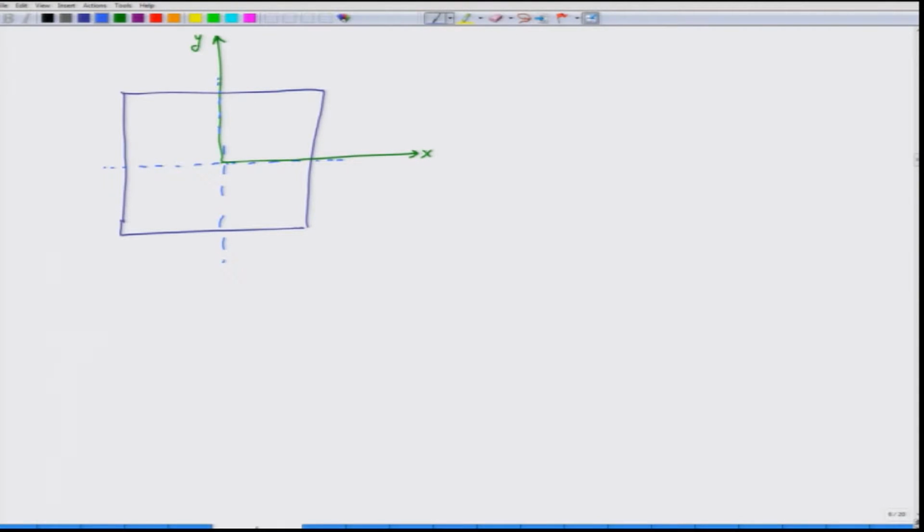So, because of that we had broken this plate into the first quadrant and we just solved the problem for that.